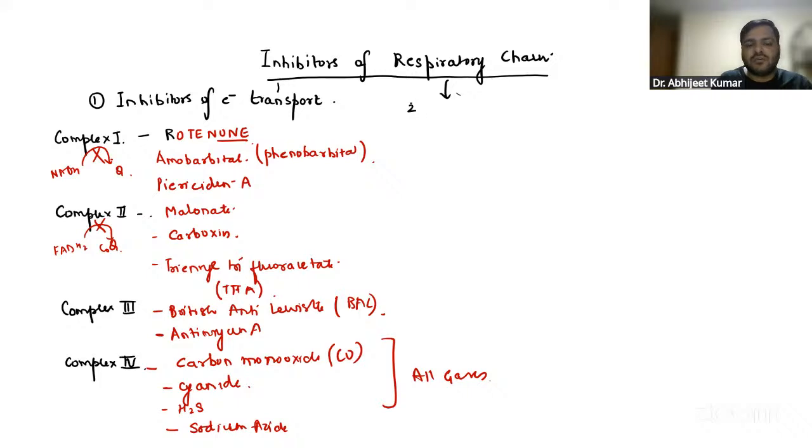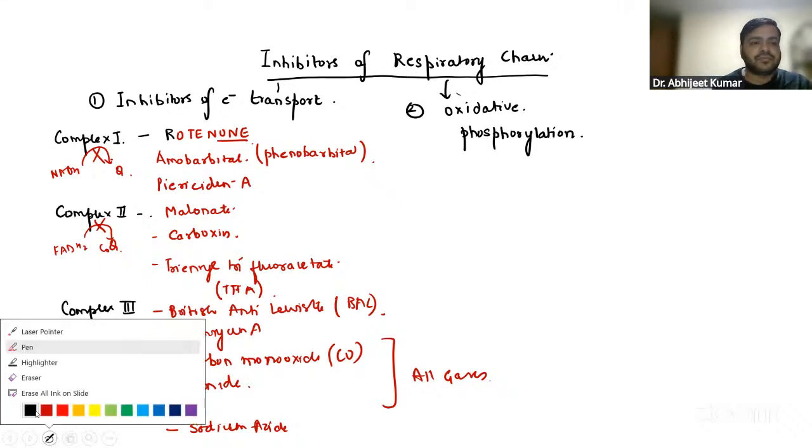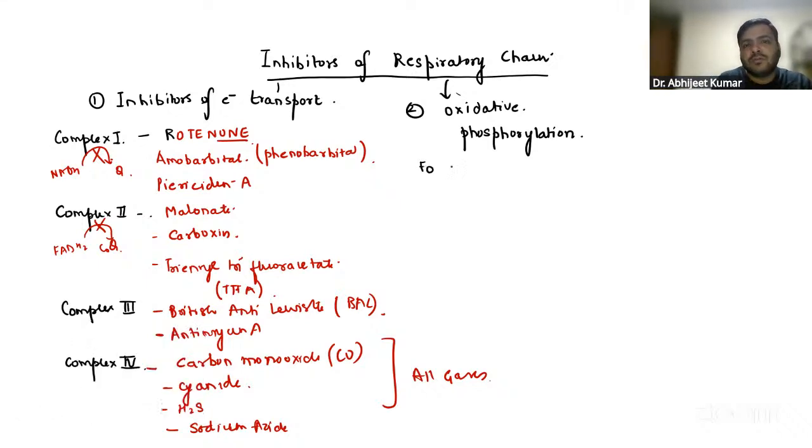Now we have the inhibitors of oxidative phosphorylation. For F0, it is oligomycin.